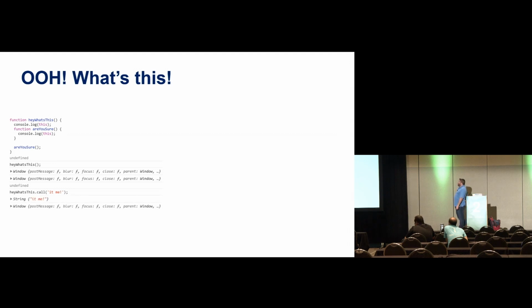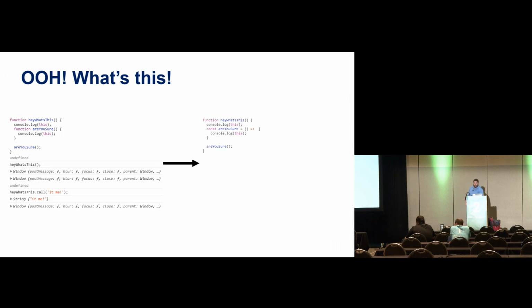When I call into are you sure, now this is still the global window object, but this outside of that was not. And this is the type of code that will trip you up, because I bet you most of the time when you write code like this, when you have a little child function, you're expecting this to be the same thing as it is inside the outer function.